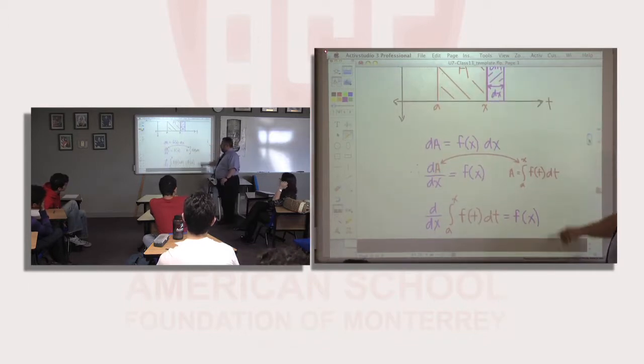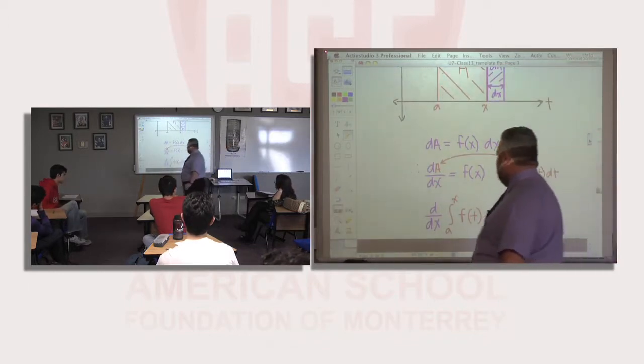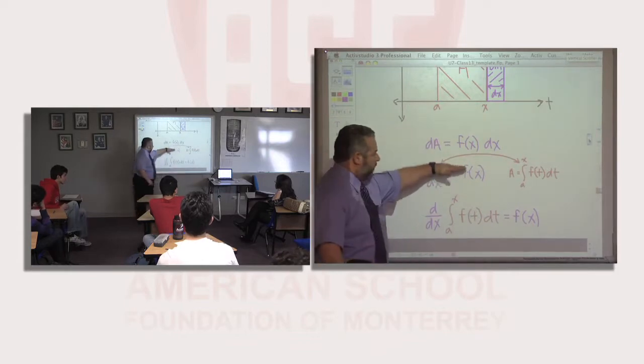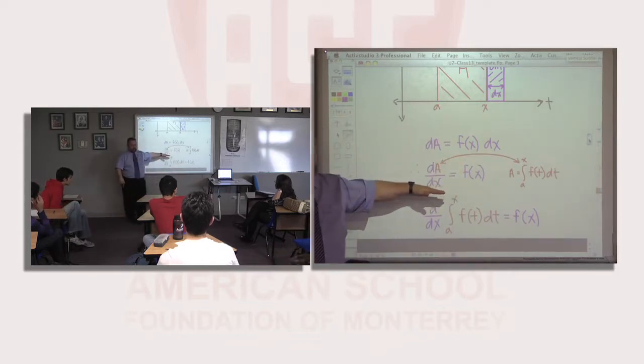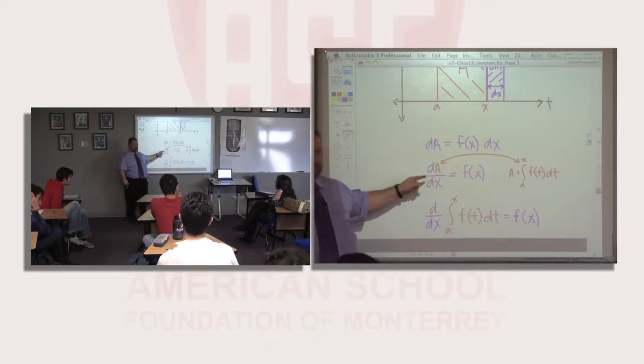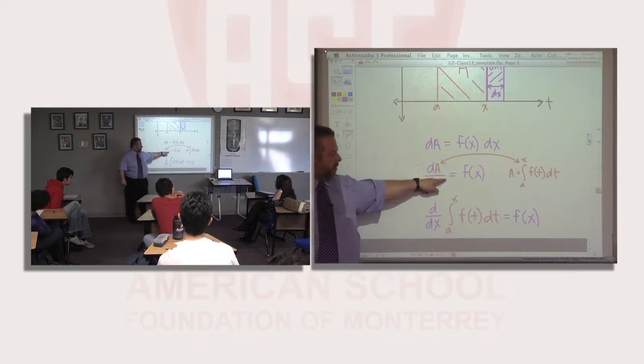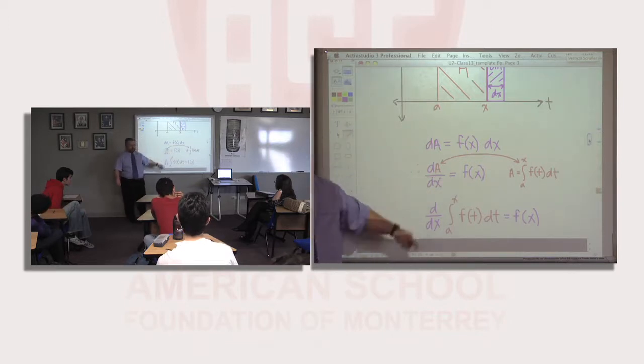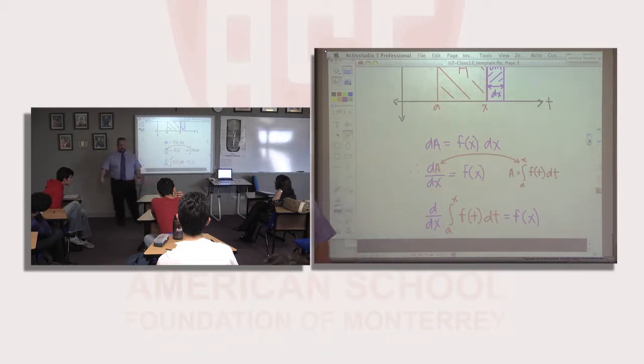So what does it mean? Well, for me, I think the easiest way to think of what it means is to look at this piece right here. What does that tell me? Anyone want to interpret this? I think it's much easier than you think.